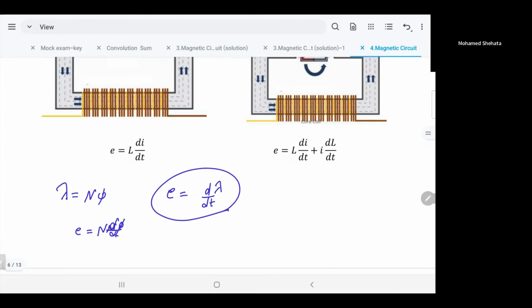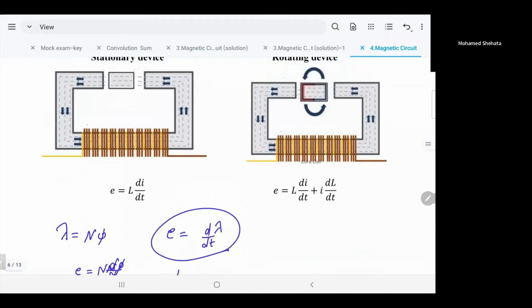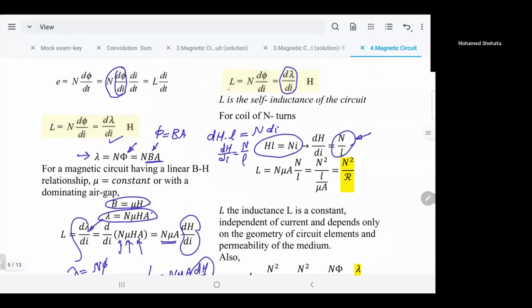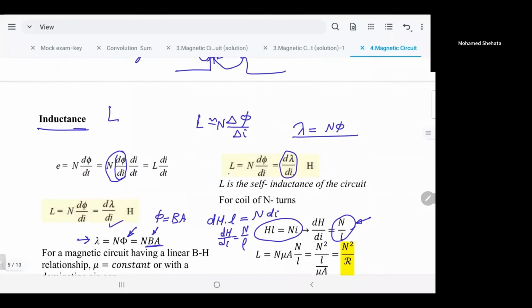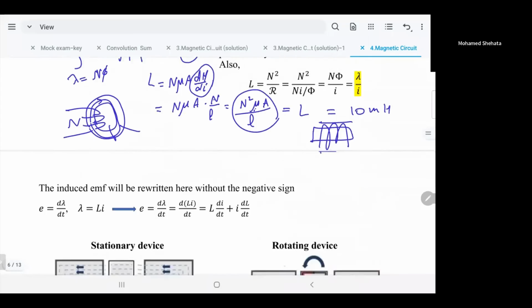This is the magnitude. And we know the relationship between lambda and L. L is equal to what? That's L: N d phi by di, or as we explained, d lambda by di.